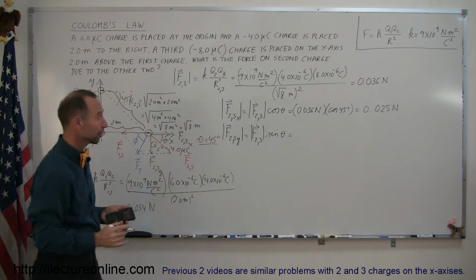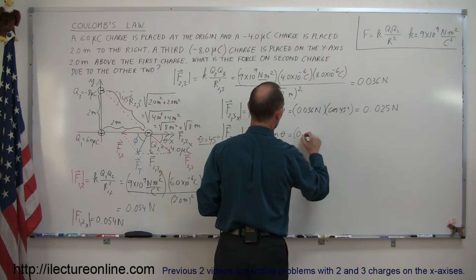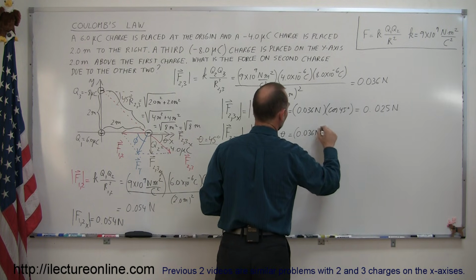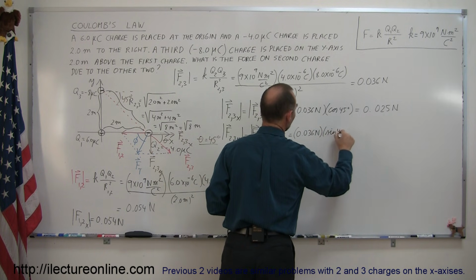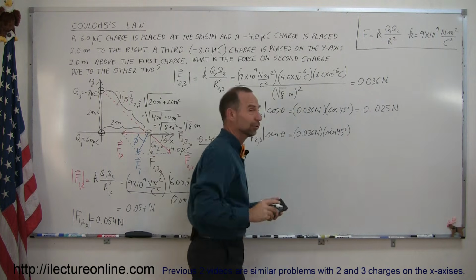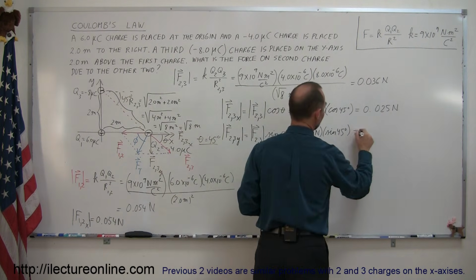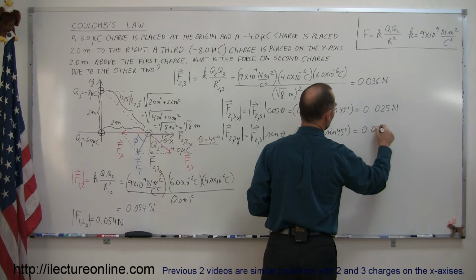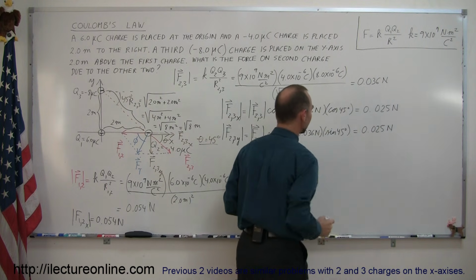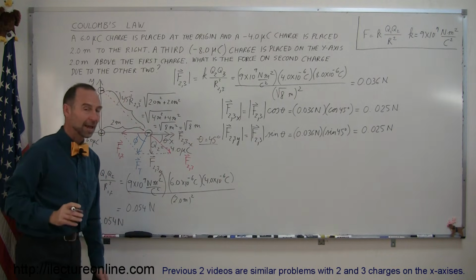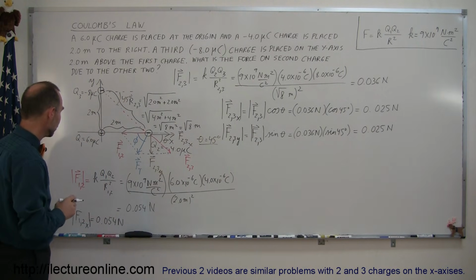All right, plugging in the numbers here, this is 0.036 newtons times the sine of 45 degrees. And of course, we should know that the cosine of 45 degrees and the sine of 45 degrees are the same, so we'll get the same answer, 0.025 newtons.